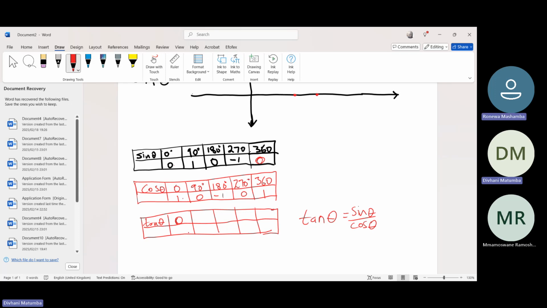What is the tan of 0? It's 0. Okay. And the tan of 90, which is 1 divided by 0. Use your calculator. Sir, I'm getting a math error. Okay, so it's undefined, right? Yes. 180 is going to be 0 divided by minus 1.